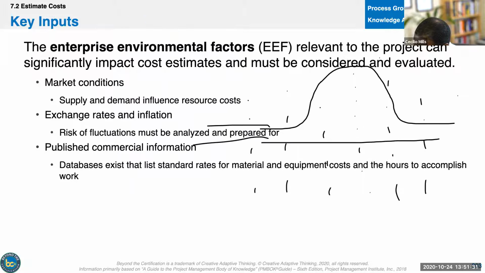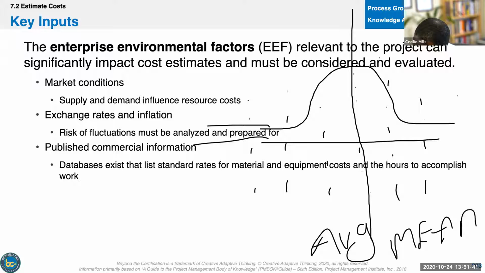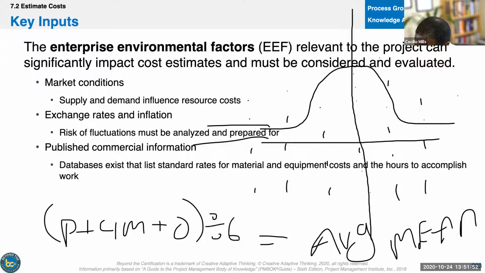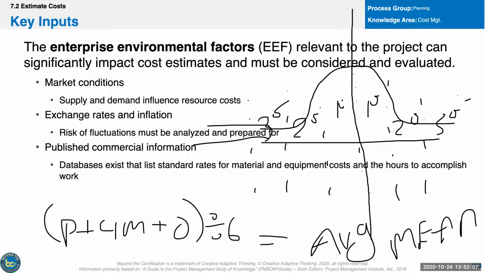So this middle line, I should make it solid, would be my average or my mean, right? This would be your (P plus 4M plus O), all right? That whole thing divided by 6 would give you this number here, your average, okay? Then you have 1 standard deviation on each side. You have 2 standard deviations away from the mean. You have 3 standard deviations away from the mean, okay?